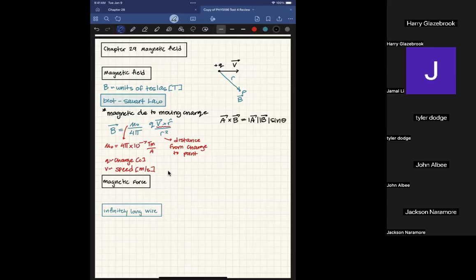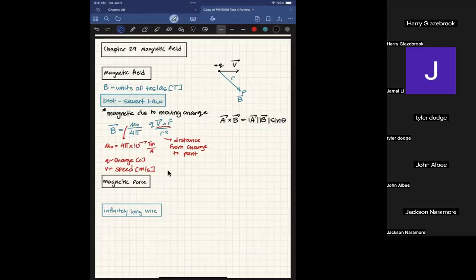I just completely made up where V is pointing. I just wanted you to see some sort of diagram.